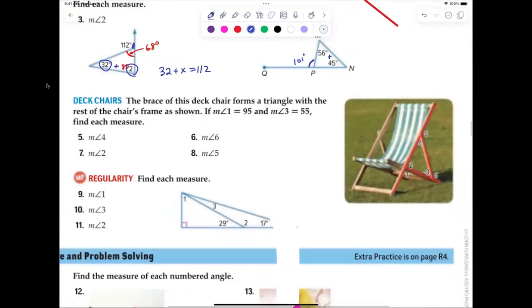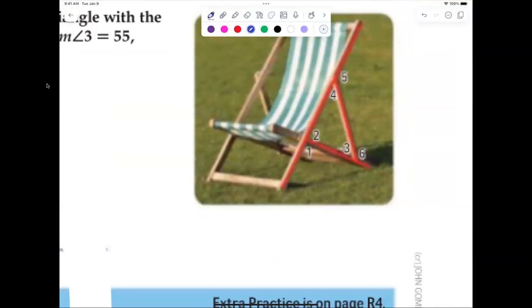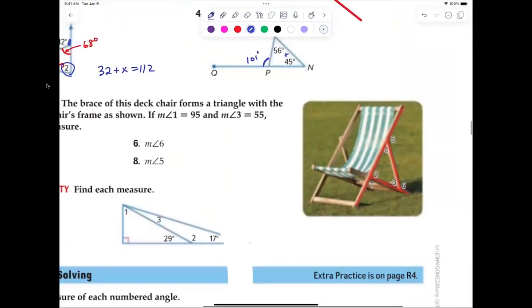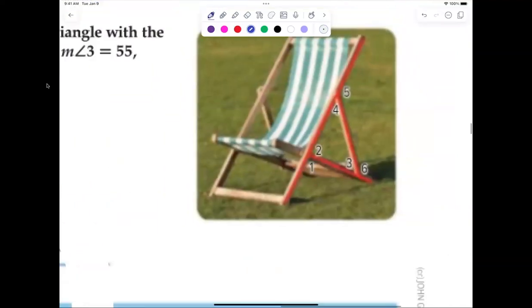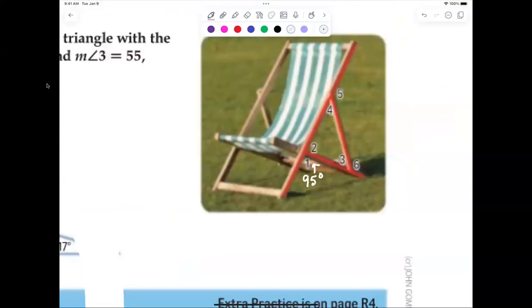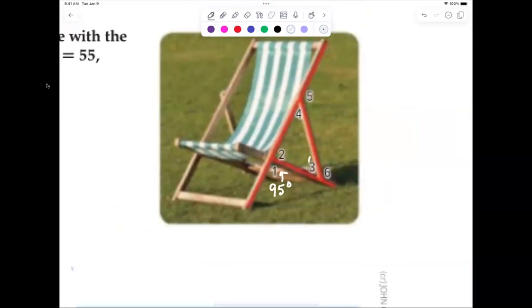Now, we got to find all of these angles here: 1, 2, 3, 4, 5, and 6. But we know that angle 1, it says, is 95. So I'll put 95 degrees here. And then it says that angle 3 is 55, so this angle right there is 55 degrees.